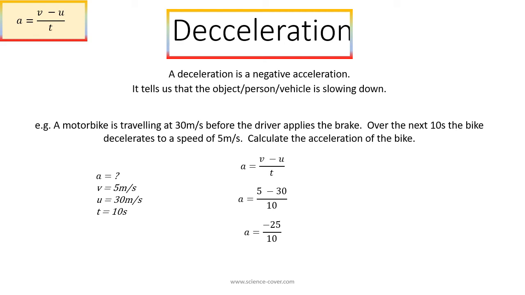So we can now see that a, the acceleration, is equal to minus 25 divided by 10. Minus 25 divided by 10 is equal to minus 2.5. So minus 2.5 meters per second squared is the acceleration. Or we could say that the deceleration was 2.5 meters per second squared.